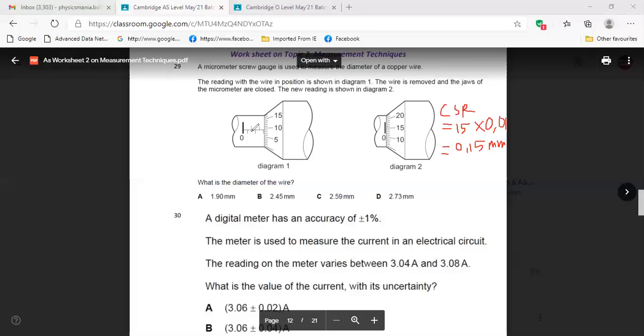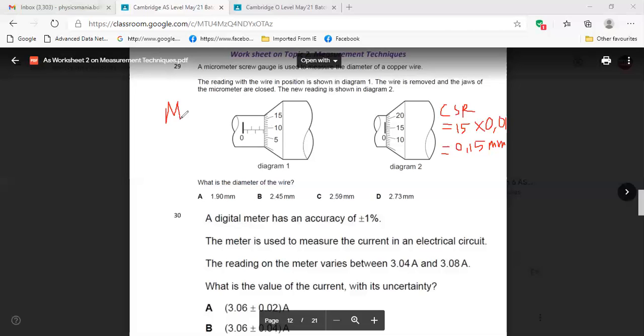And the lines on the lower side give 0.5. So in the upper line, we have 2, right? Yes, sir. So we have here 2 millimeter, and in the lower line we have 1. So after 2, we have 1 lower line. So we have there 0.5, right? Yes, sir. So 2.5 millimeter here, that is MSR.